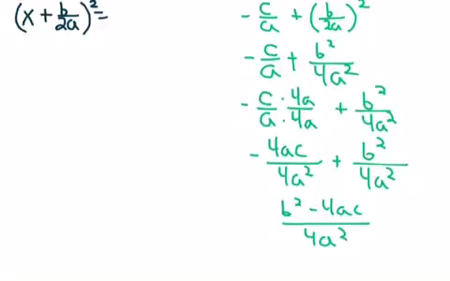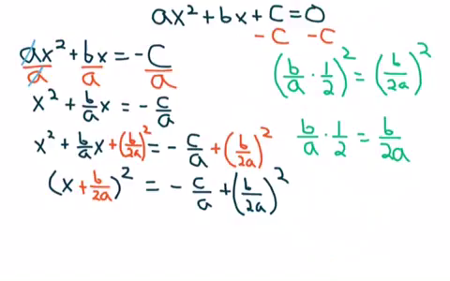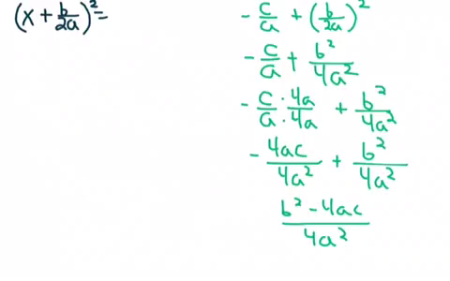Now what this means is that this expression at the top, this negative c/a plus (b/2a) squared, is the same as b squared minus 4ac divided by 4a squared. So if this expression that we derived at the bottom is the same as the expression at the top, and the expression at the top is the same as this expression on the right-hand side of my equation here, then that means I can just plug this in for negative c/a plus (b/2a) squared, which means that this will go on the right-hand side of this equation.